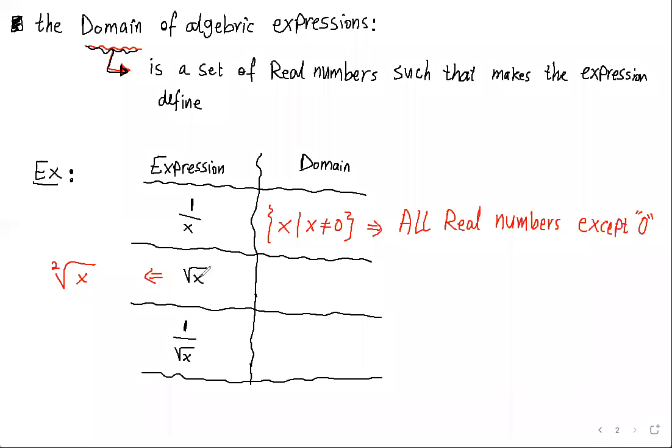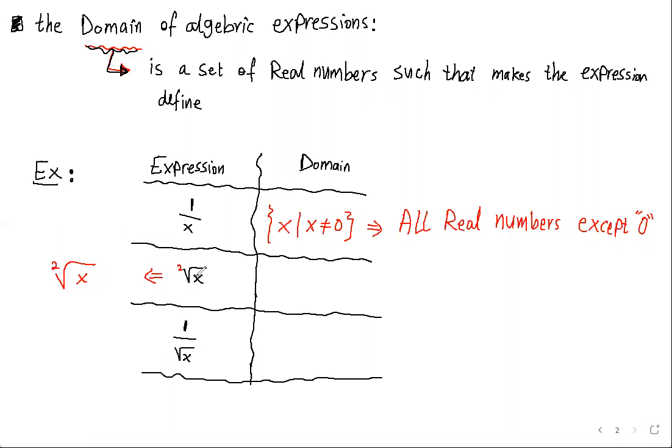Because the square root of 0 is 0. So I can plug the 0. Can I plug positive numbers? Yes. Why? Because I said here is an even root, so here must be positive or 0. So I can plug here any positive real numbers.